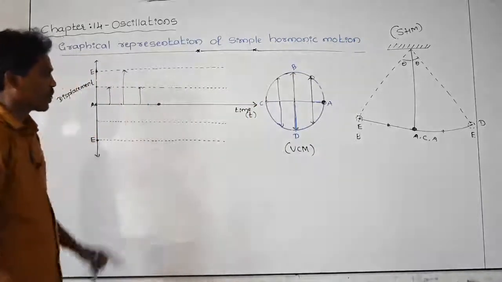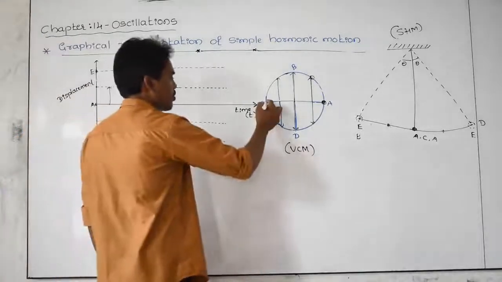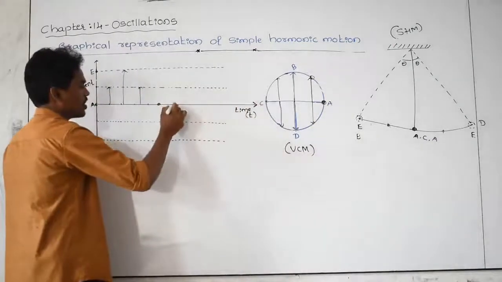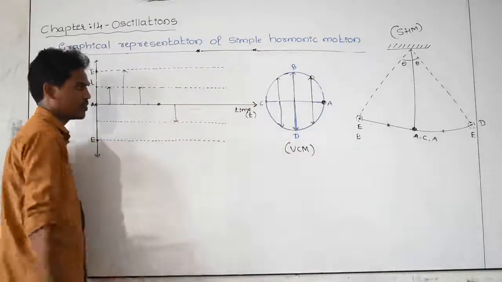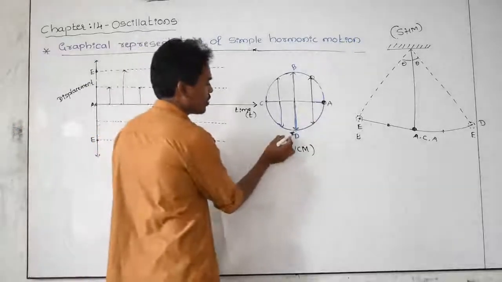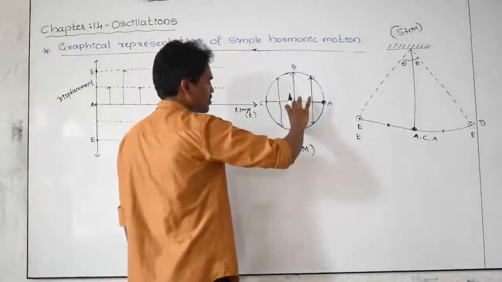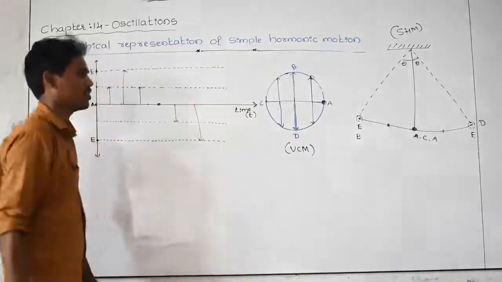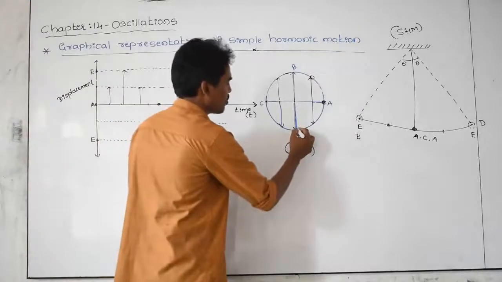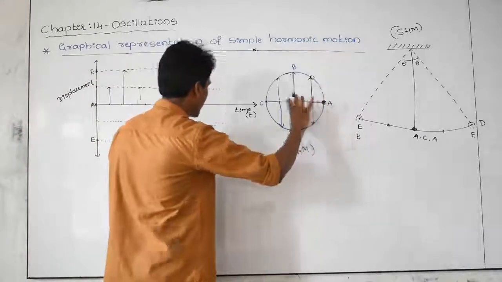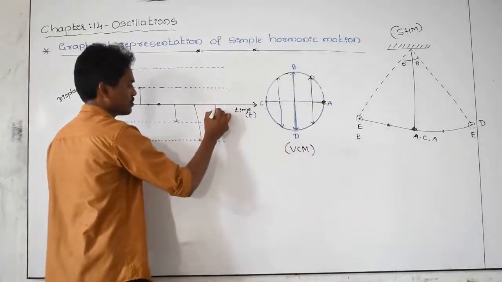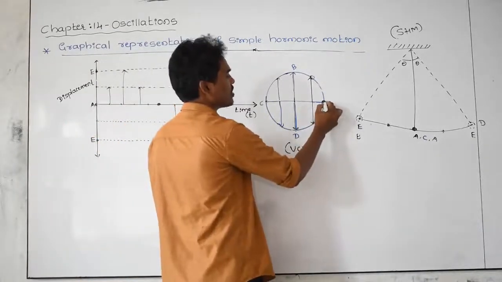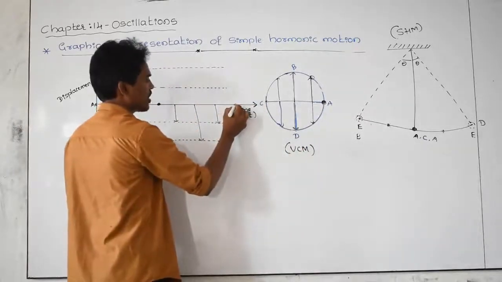And again if the body is moving from here to here, this is the displacement, that displacement I am taking here. And again if it is moving from here to here, this displacement I am taking here. Again the body is moving from here to here, and again body is moving from here to here, then displacement is equal to 0, I am indicating at this point.